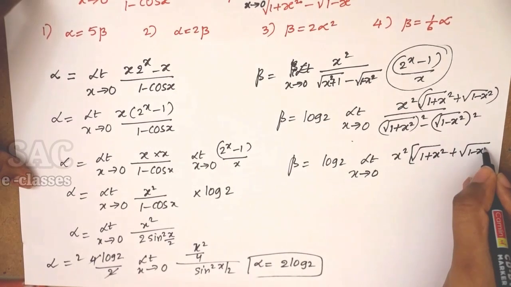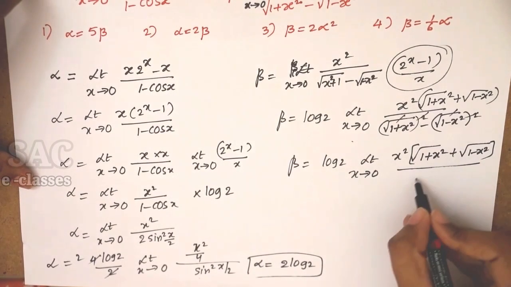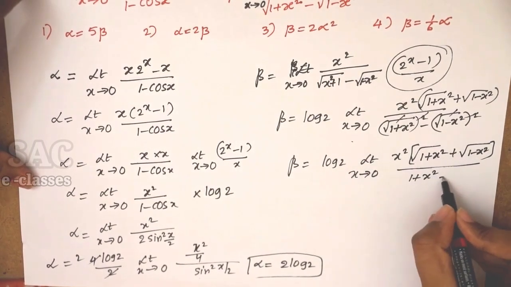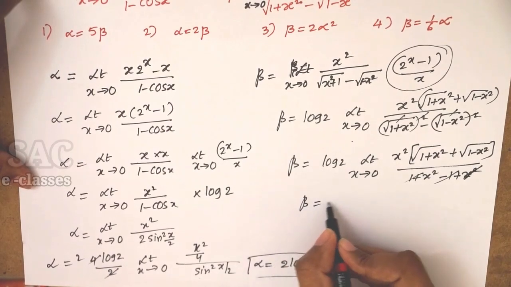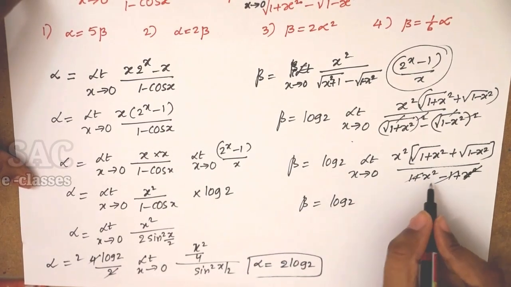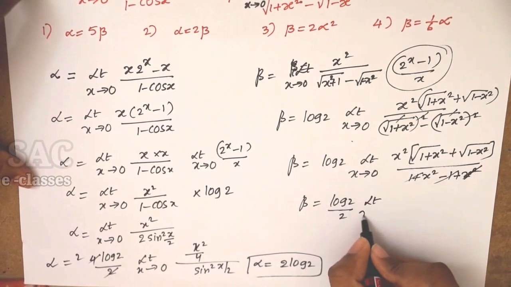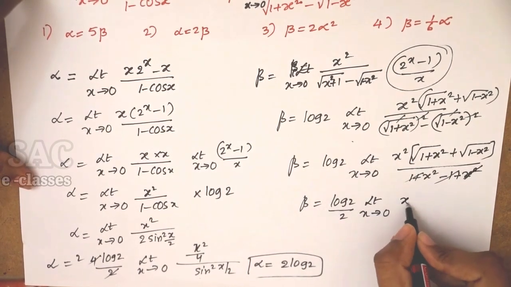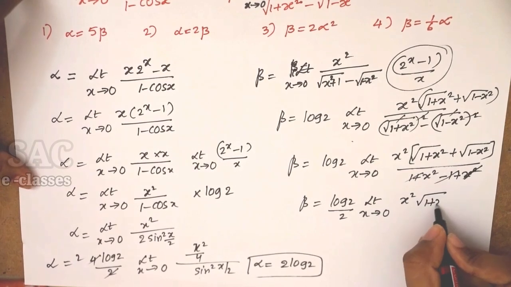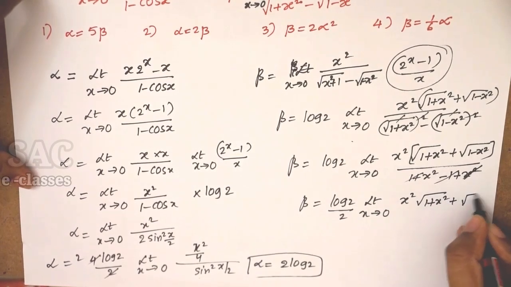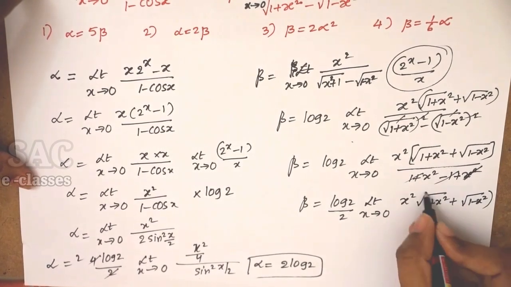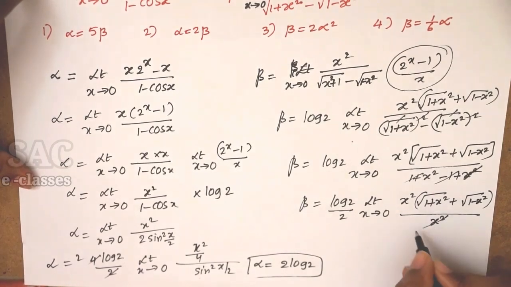So beta equal to log 2 into limit x tends to 0, x square into (root over 1 plus x square plus root over 1 minus x square) by, let's do the simplification. So beta equal to log 2 by (x square plus x square, 2x square), so 2 here, limit x tends to 0, x square into (root over 1 plus x square plus root over 1 minus x square) by x square.